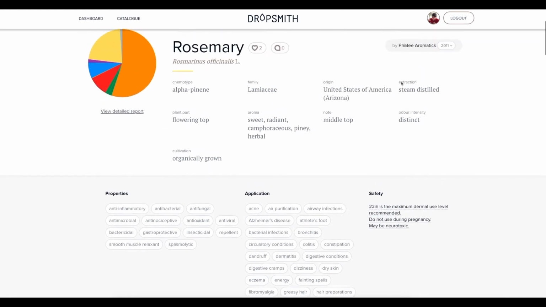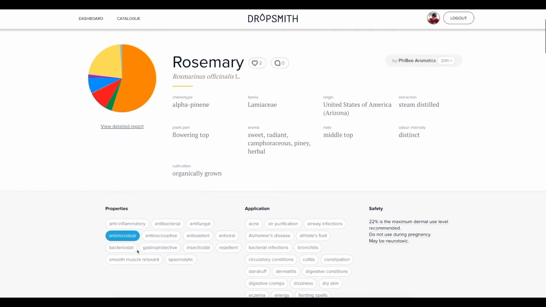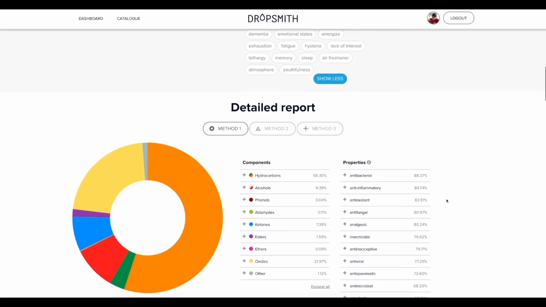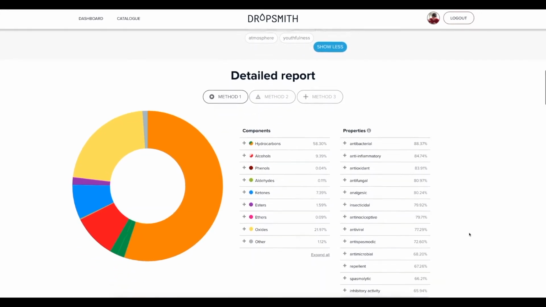For example, if you have an oil that doesn't have a lot of research done on the essential oil, but you really know that that oil is good for a certain application, then maybe you will find it in the chemical component properties.